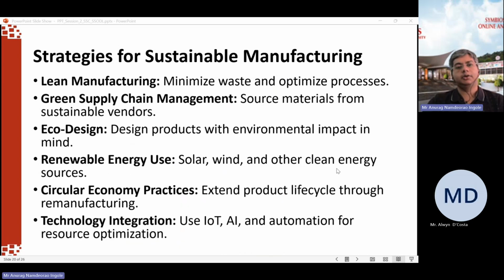So what are some of the strategies for achieving sustainable manufacturing? Lean manufacturing. You must already be aware of lean because all of you are logistics and supply chain specialization students. Lean is an operational improvement approach focusing on minimizing waste and optimizing process flow.